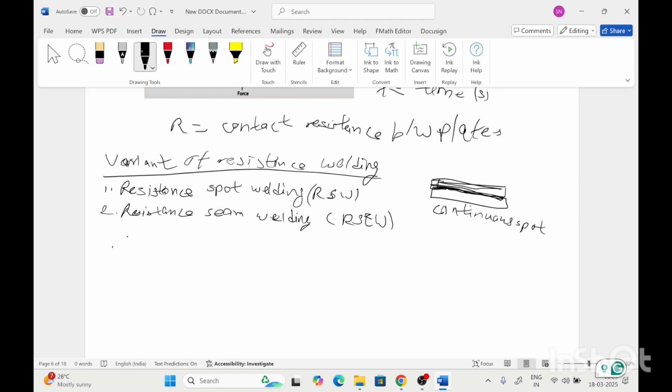Resistance seam welding can also be divided into two types. First is with high frequency, RSEW-HF, and the second type is with induction heating.